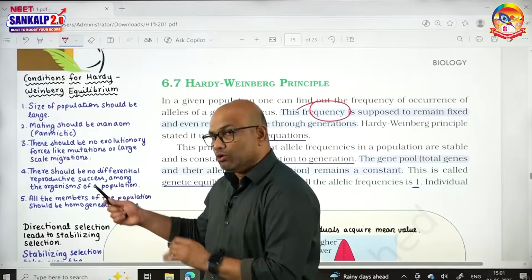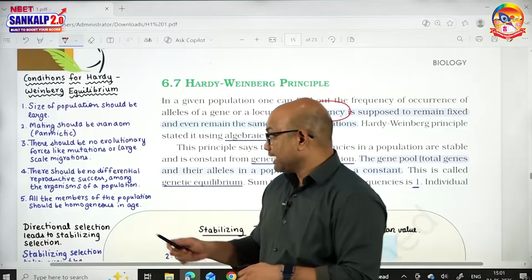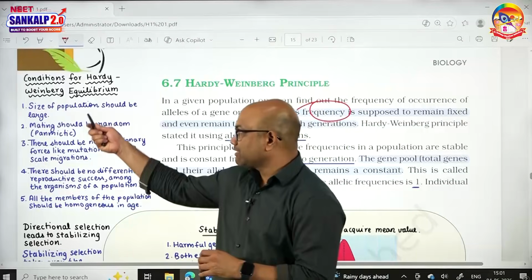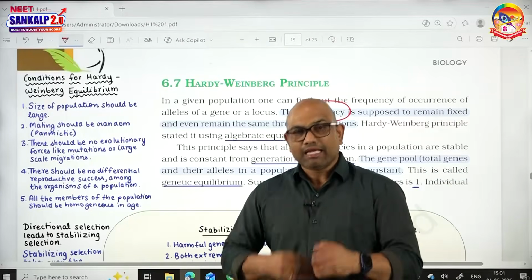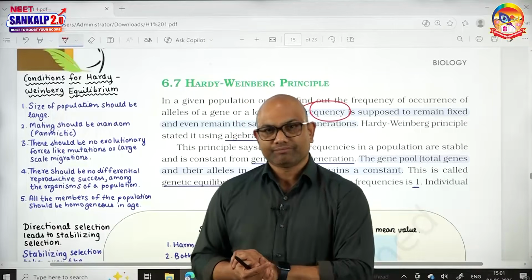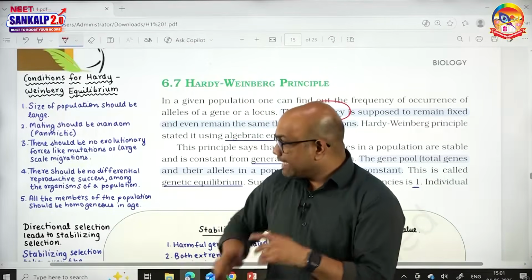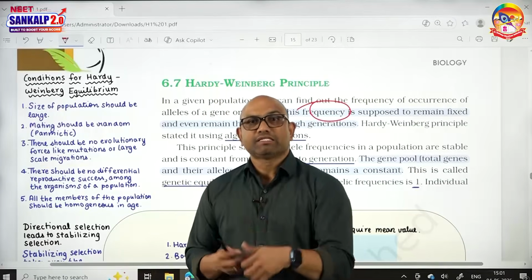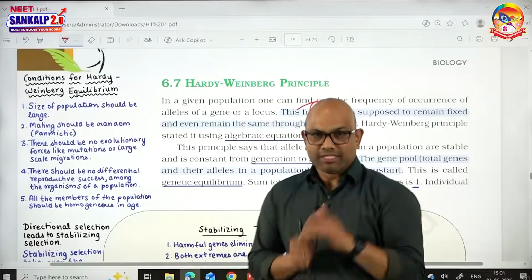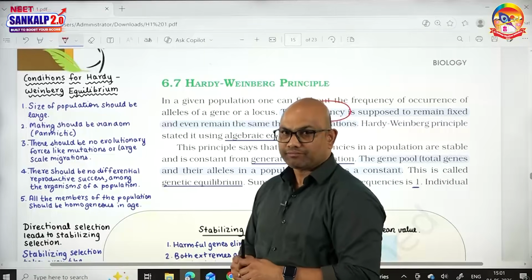And there should be no differential reproductive success, and the members of a population should have homogeneous age. When these characteristics are there, Hardy and Weinberg say the allelic frequencies remain constant. Otherwise, any deviation in these points will result in variations, and variations are the raw materials of evolution. This is the point they wanted to convey.